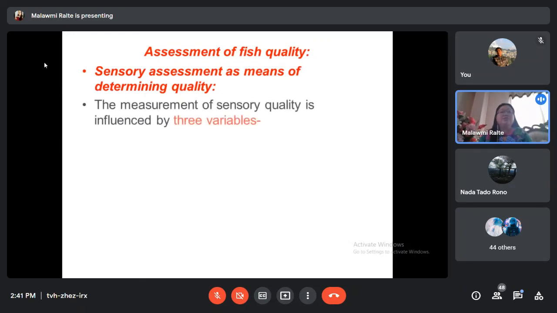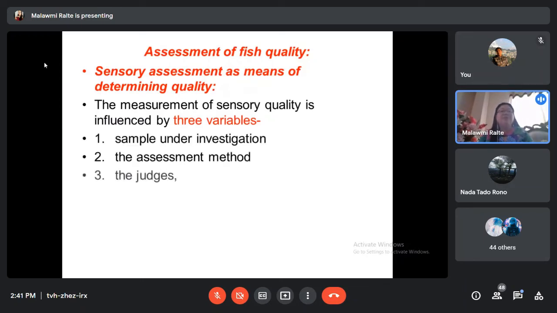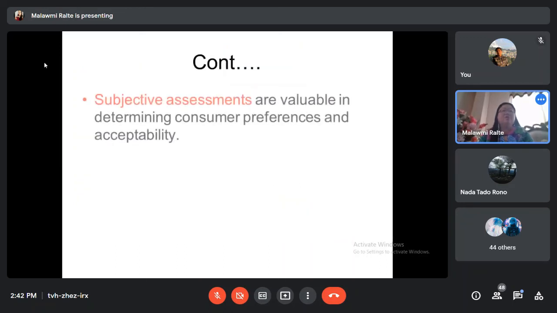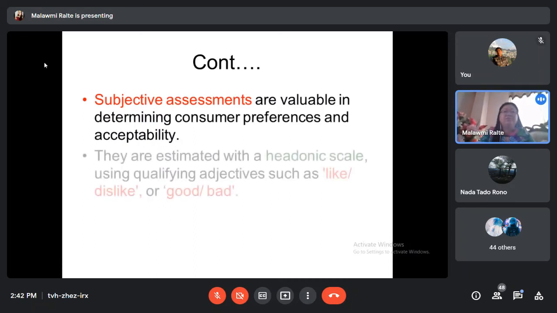Assessment of the fish quality: you can use sensory assessment as a means of determining the quality. There are three variables: the sample under investigation, the assessment method, and the judges. There are two distinct types of sensory methods: subjective and objective. In the case of subjective assessment, they are available in determining consumers' preferences and acceptability.